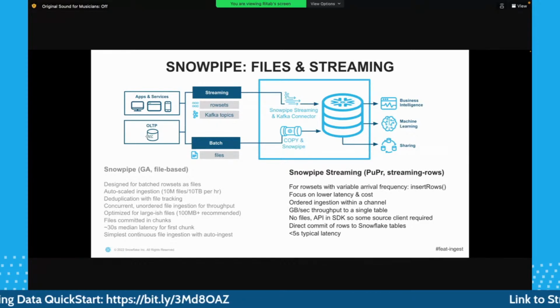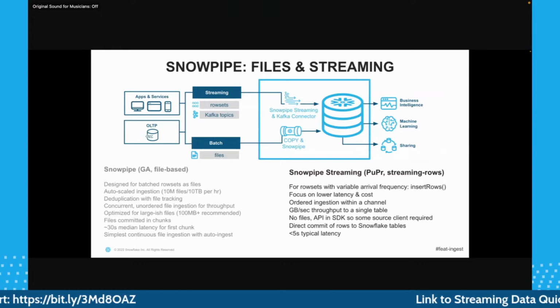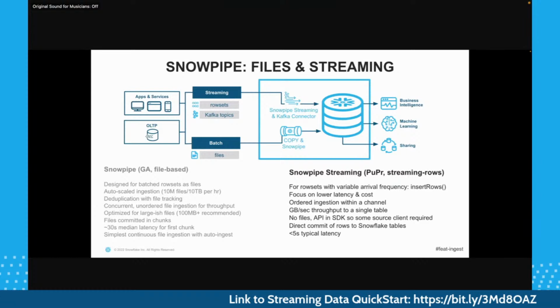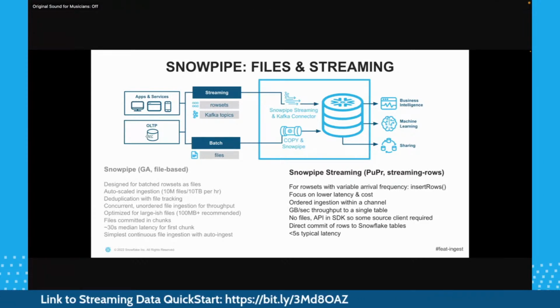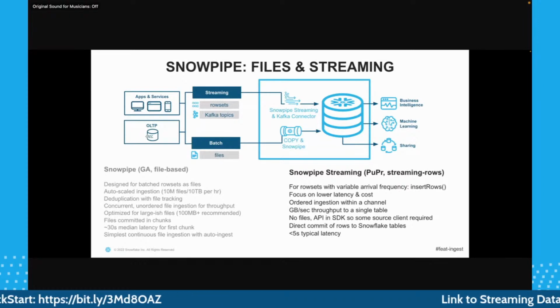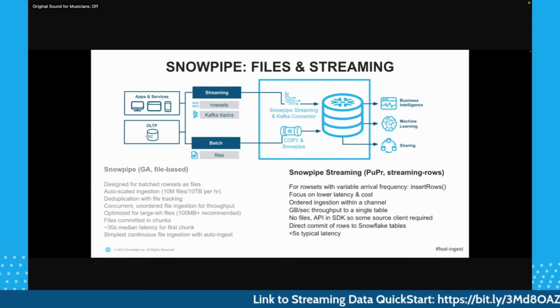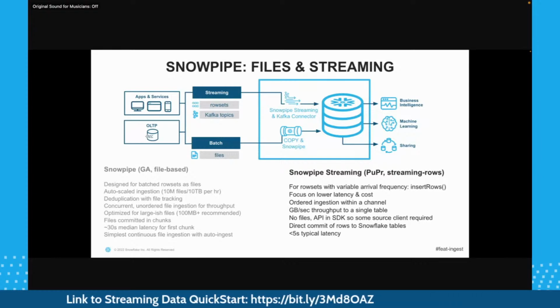So now, how different is Snowpipe streaming from Snowpipe? Snowpipe streaming is based on rowsets. So as I move data from my left to right, from the point of creation to my target, I completely avoid the concept of a file. I am now looking at a rowset, which is nothing but a set of rows.